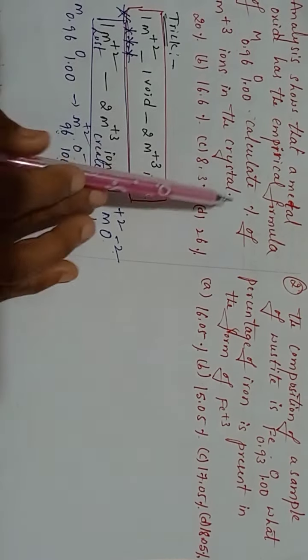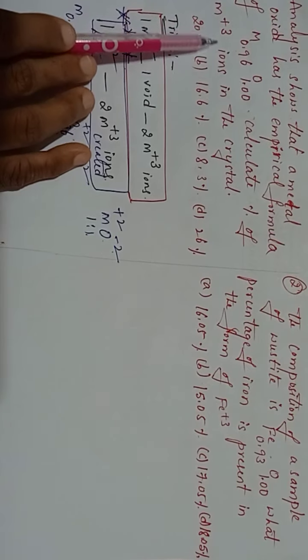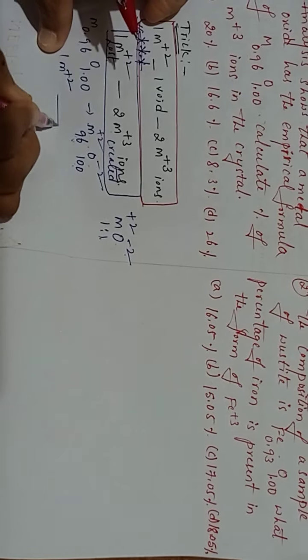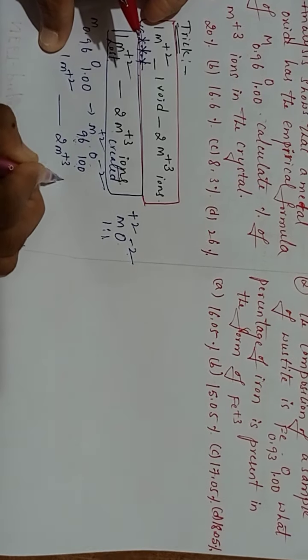See here, students, this is 96, this is 100. Now the question asks to calculate the percentage of M plus 3 ions. So 1 M plus 2 ion lost, how many is it creating? 2 M plus 3 ions. So that means 1 M plus 2 ion creates 2 M plus 3 ions.